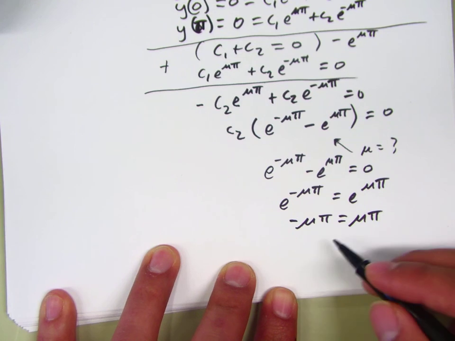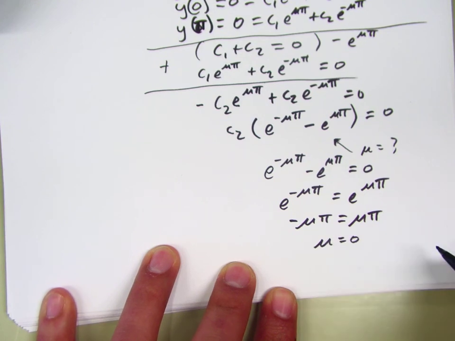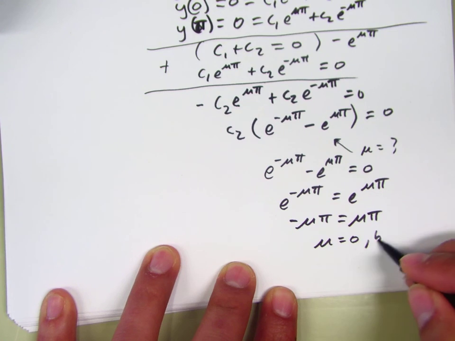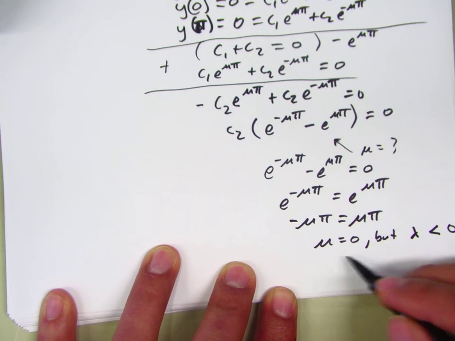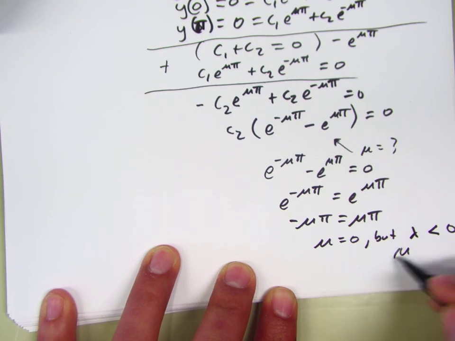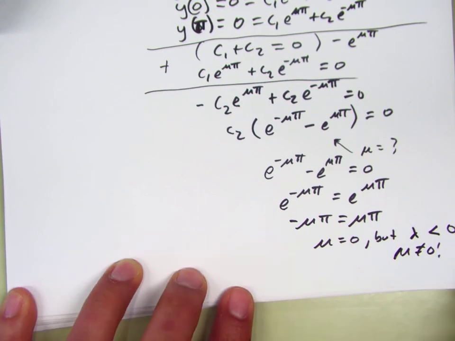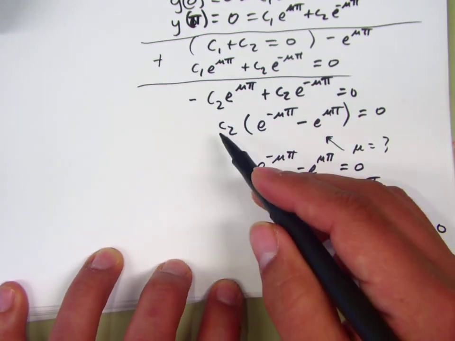Yeah, the only value we get here is mu equals 0, but lambda was what? Lambda was less than 0, which means that this is not possible. Mu cannot be 0 either. So what does that force our hands here? What does that have to mean?